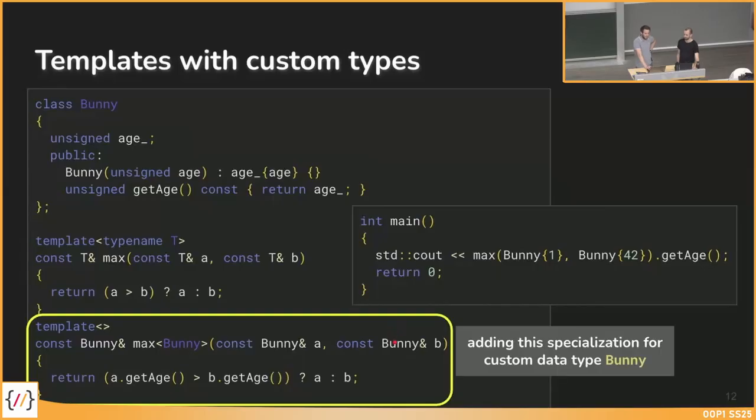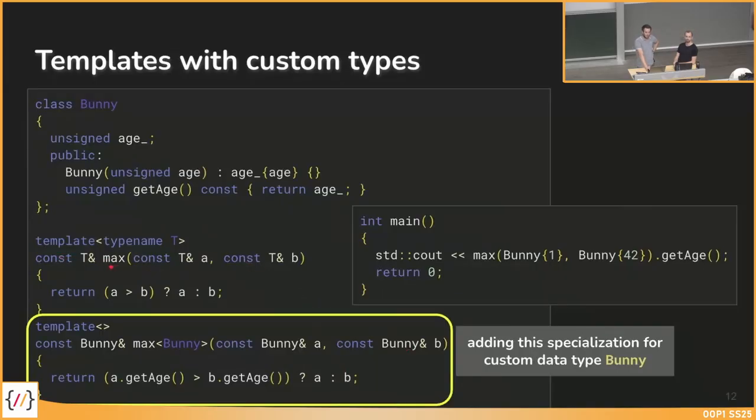If there exists a parent class of bunny, and it's abstract, then we just have bunny objects, so we always come to this function here. But if we have not an abstract class, but a normal parent class with animal objects, and we call a max function with those objects, they are not bunnies, so we would come to this template.